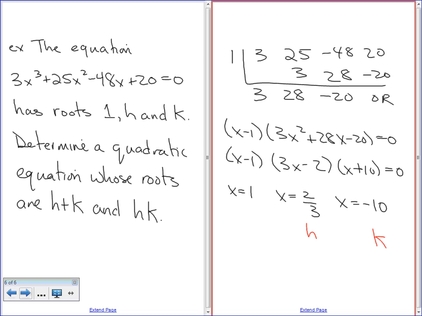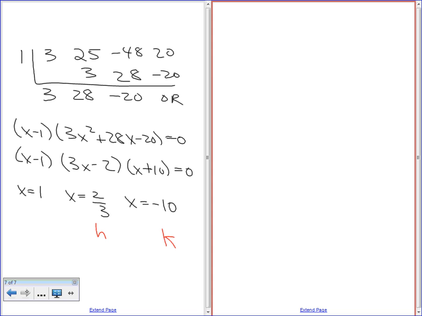Make sense? Okay, so I want to come up with a quadratic equation whose answers are h plus k and h times k. So let's figure out what those answers would be.